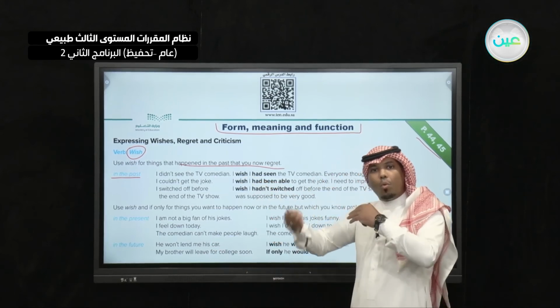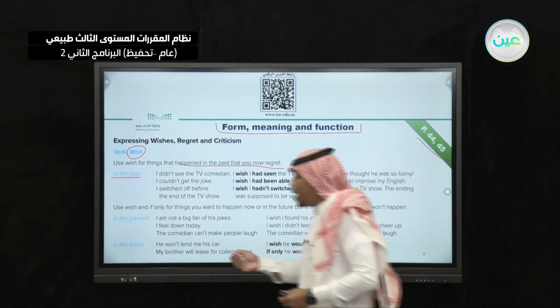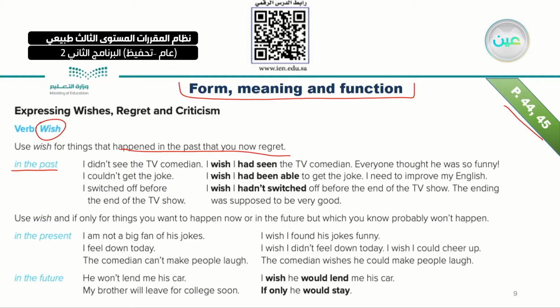You should go one tense back. We talked about the rule. Do you remember the rule? With wishing, we said to use the subject plus, of course, wish, plus one tense back. What do I mean by one tense back here?